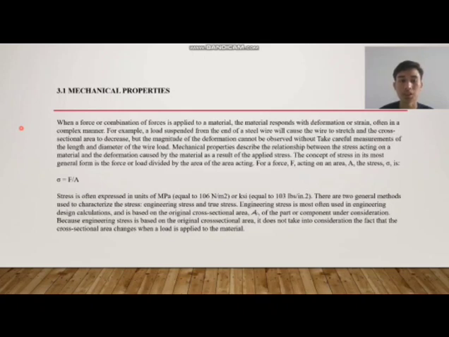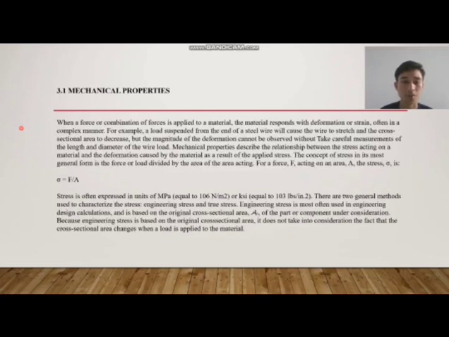Mechanical properties describe the relationship between the stress acting on a material and the deformation caused in the material as a result of the applied stress. The concept of stress in its most general form is the force or load divided by the area on which it acts.